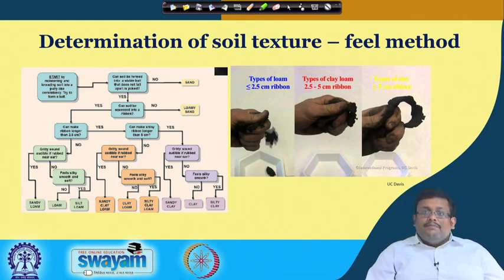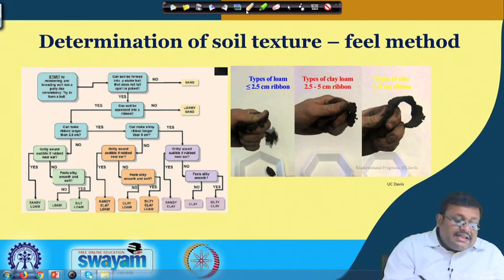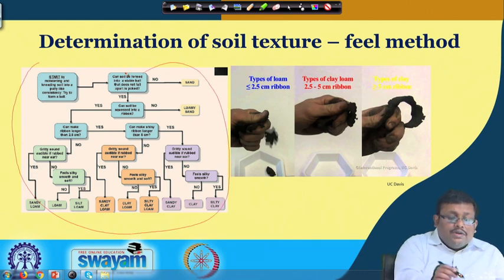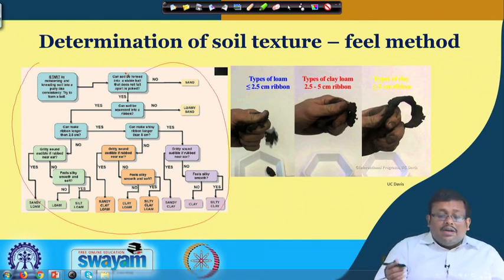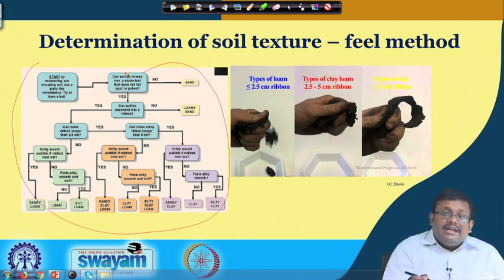There are some well defined criteria for classifying soils into different textural classes. As you can see here, this shows the flow chart which we generally use for identifying the soil through the field method. This gives a very good idea about how to use the field method for determining soil texture.